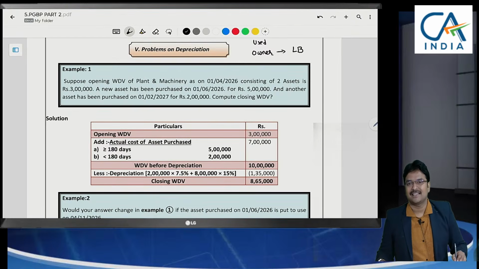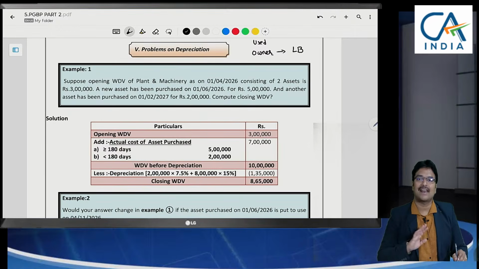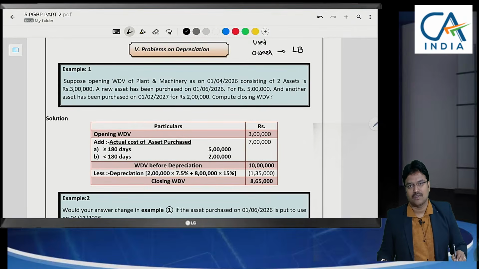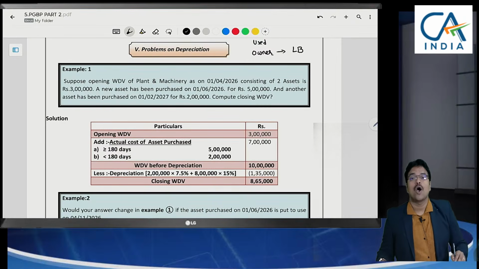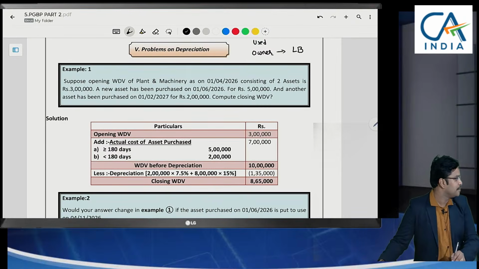In all other cases, when capital expenditure is incurred by the lessor, the lessee cannot claim depreciation. So the question here is, sir, can we claim depreciation under IT on leased assets? Even though it is a leased asset, if the lessee incurs any capital expenditure, on that capital expenditure he can claim depreciation.